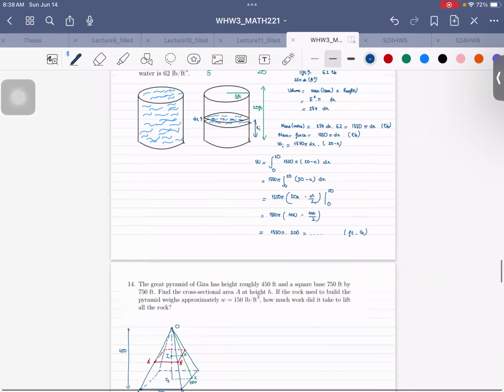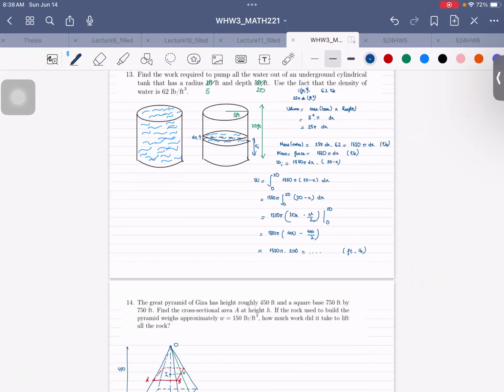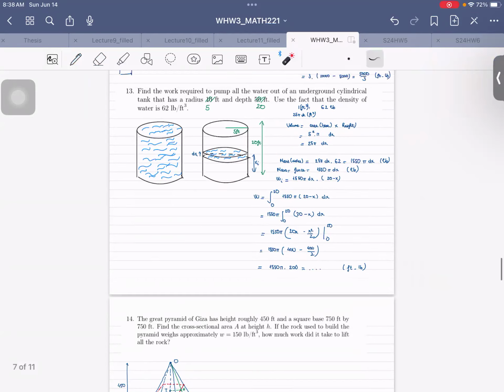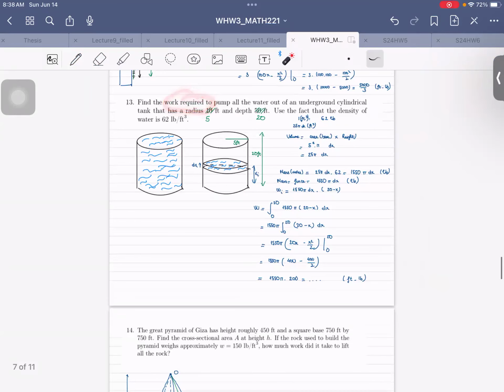Okay, so this is how you find the work that is required to pump all of the water out of the tank. And again, you're gonna use the ideas of discretization because you have to understand that the water on the top of the tank is really easy to get out. You don't have to use a lot of force to take it out.